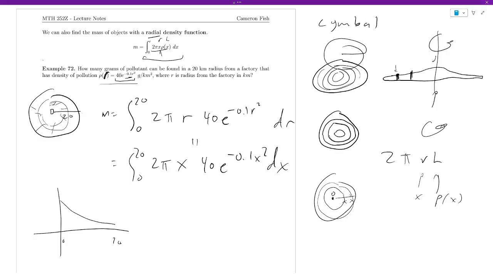If I think of the height of the function as my density, then the volume of the shape I would get when I rotate this around the axis is telling me my total pollution.